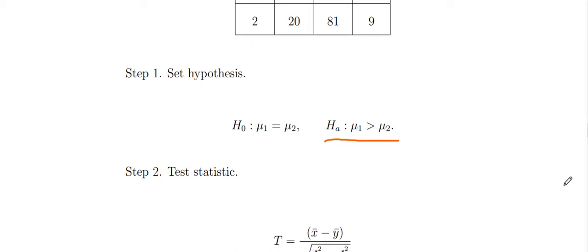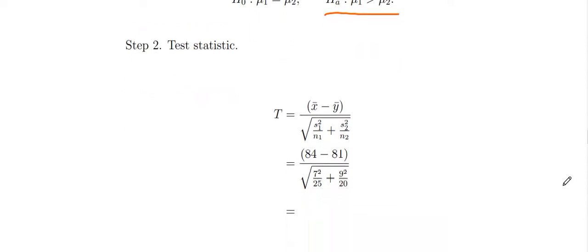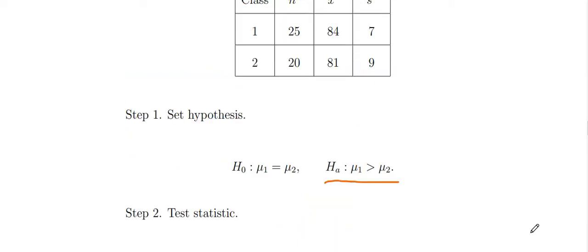Then calculate the test statistic, right? Use this formula: x bar minus y bar over the square root of s1 square over n1 plus s2 square over n2. Plugging in, x bar is 84, y bar is 81, S1 is 7, S2 is 9, and n1 is 25, n2 is 20.